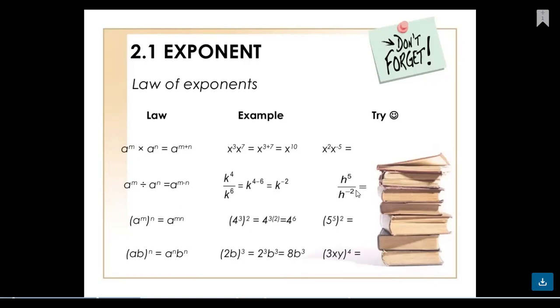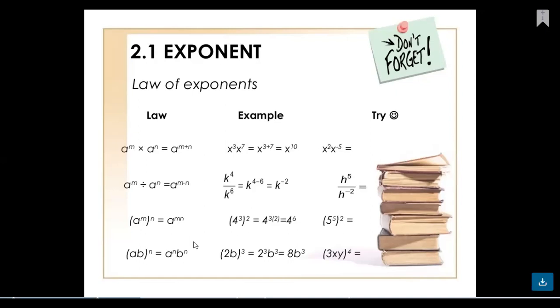So, definitely, madadagdagan yung number. So, 5 minus negative 2, pag may magkatabing negative, nagiging positive yun, nagiging plus. So, h raised to 7. Okay? If you're getting the same answer, let's move on to the next.